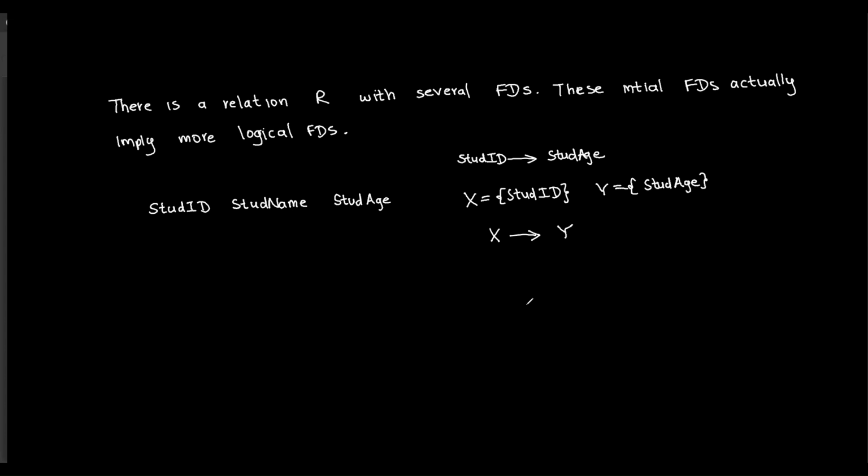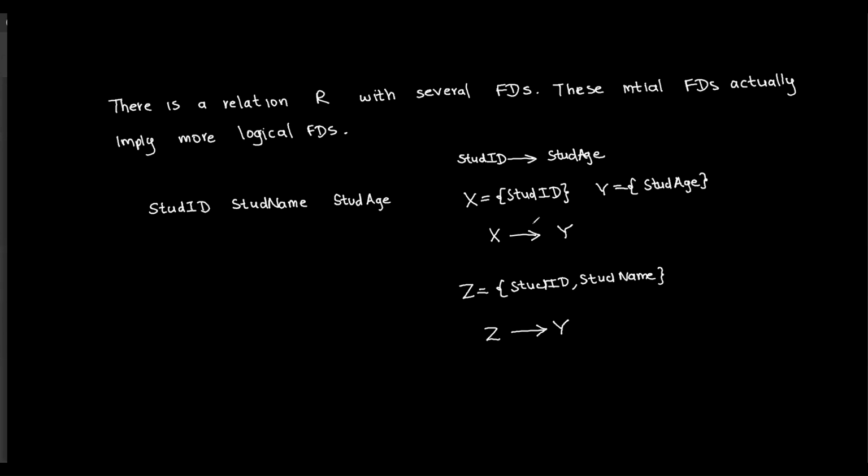But if I said Z is equal to stud ID, comma stud name, Z functionally determines Y is actually a functional dependency, even though it is a partial functional dependency, it still is a functional dependency.